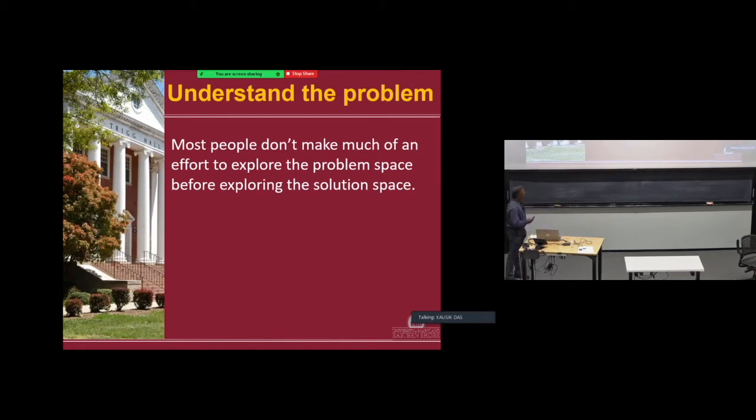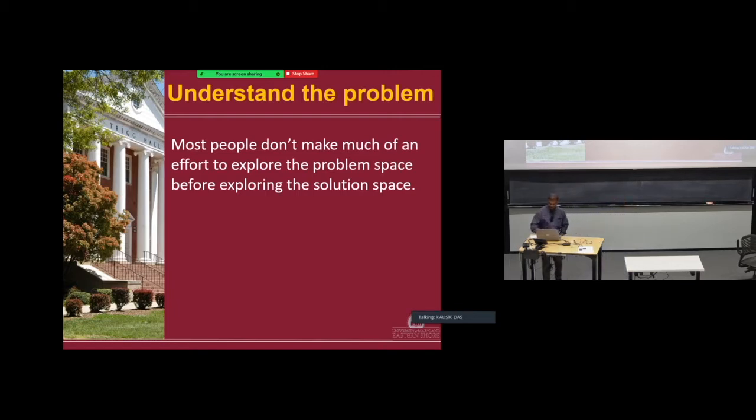Another thing that design thinking focuses on is that most people don't make much of an effort to explore the problem space before jumping into the solution space, right? So even before understanding the problem properly, we try to create solutions, and that creates problems.